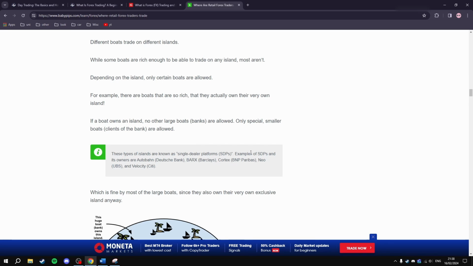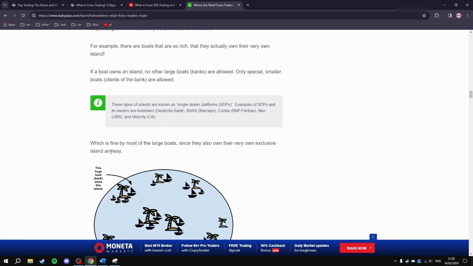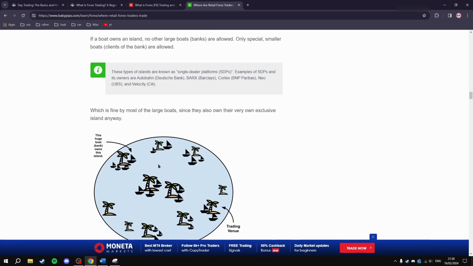Examples of single dealer platforms and their owners are Autobahn, Deutsche Bank; BarX, Barclays; Cortex, BNP Paribas; Neo, UBS; and Velocity, Citi. This is fine by most of the large boats since they also own their very own exclusive island anyway. This huge boat bank owns this island, so this one.